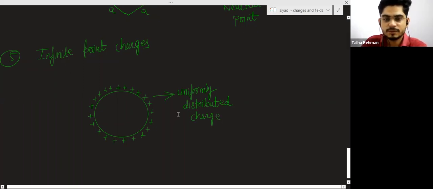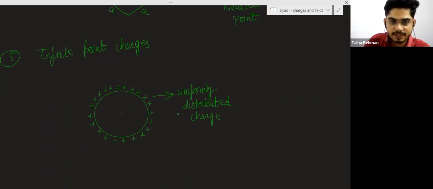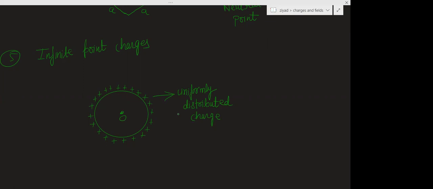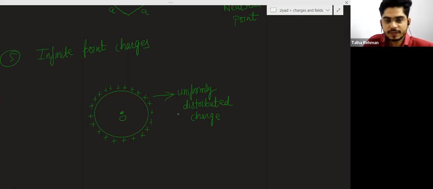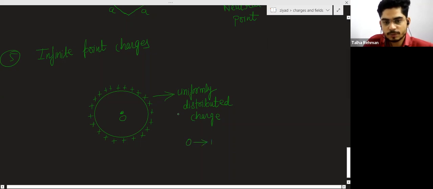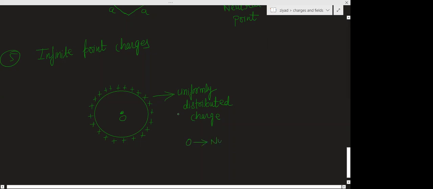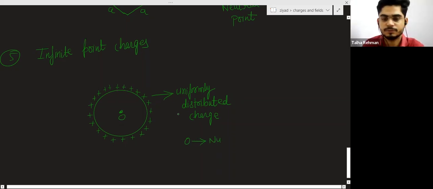We can say that at the center of this circle, the electric field is zero. And so this center O is the neutral point.